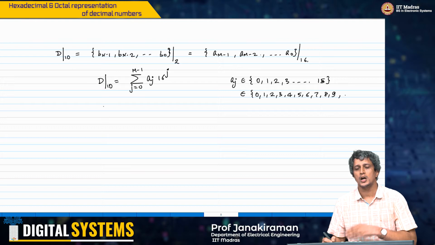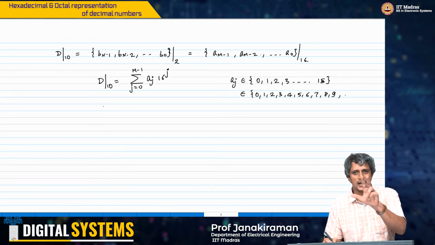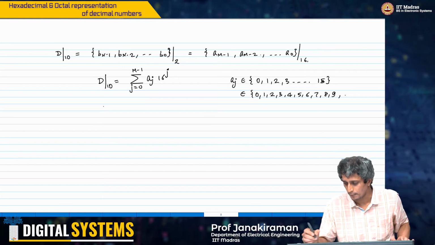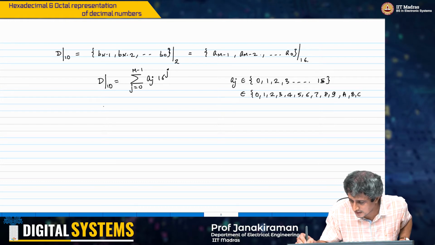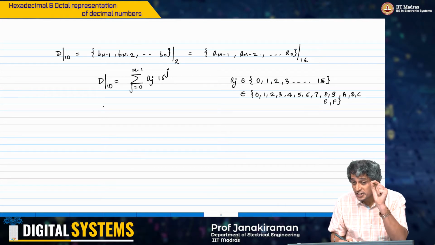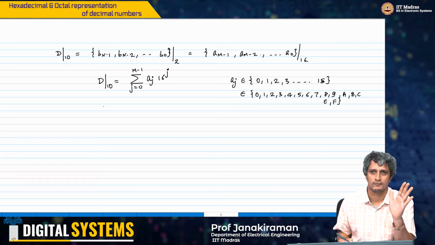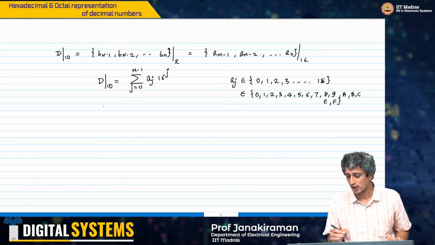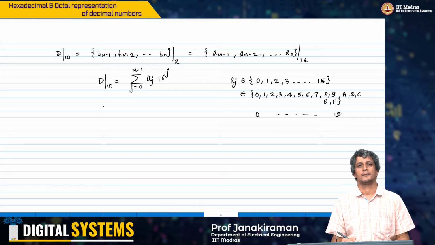After that, in order to represent the remaining 6 numbers, that is 10, 11, 12, 13, 14, 15, I will move to letters, the alphabets A, B, C, D, E and F. So each digit that I am going to use is now going to be one of 0 to 9 or A to F, with their values corresponding to 0 to 15, right?